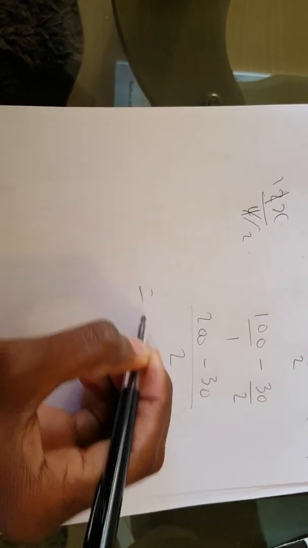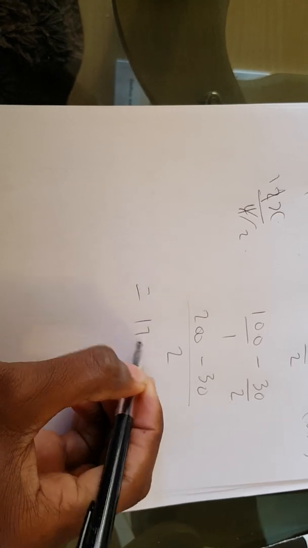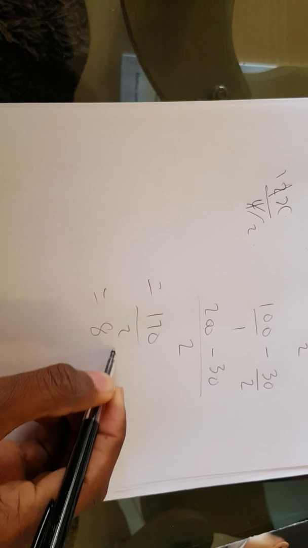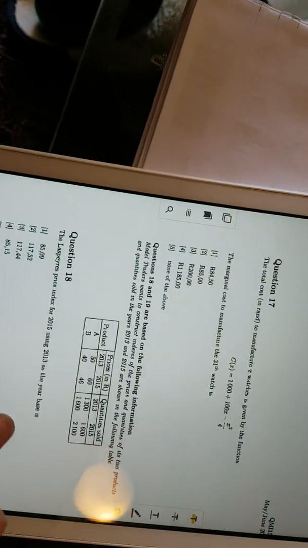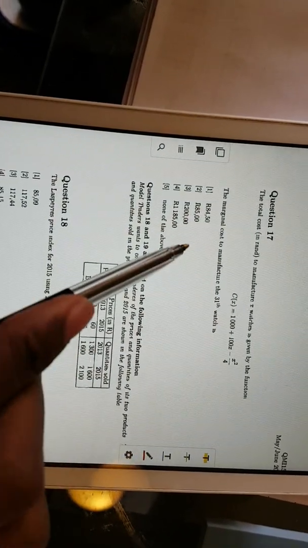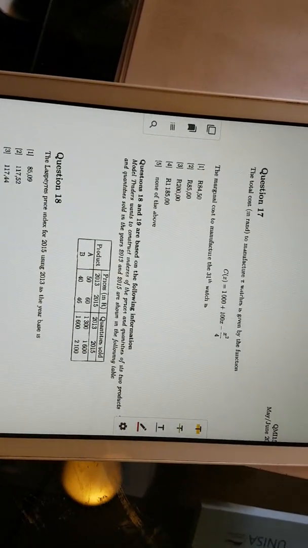So I'll get 170 divided by 2, and I'll get 85. So the marginal cost to manufacture the 31st watch is 85. So that will be our answer. Okay, thanks guys.